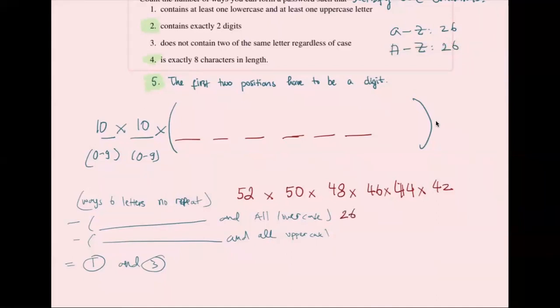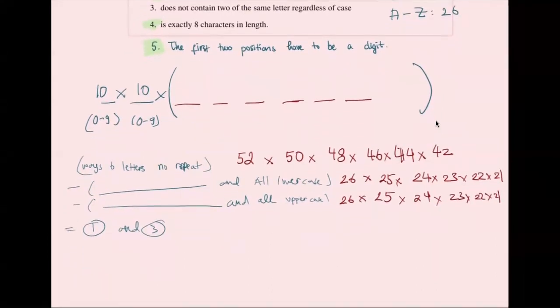So I have 26 for the first position, 25 for the second position, because I don't want repeat and I only care about lowercase. And then I have 24, 23, 22, 21. And similarly for uppercase, I only care about the uppercase alphabet and I don't want any repetition.